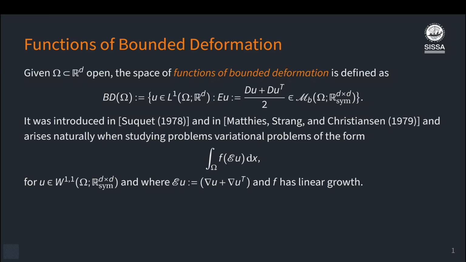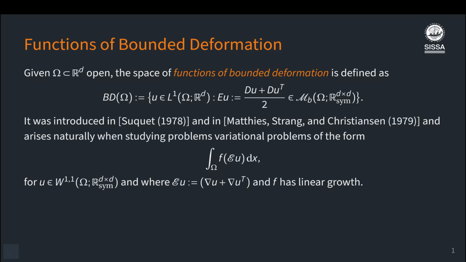When one looks at sequences u_n which have bounded energy, such that the supremum over n of the integral of F of calligraphic E of u_n is bounded, then we may extract a subsequence which is convergent, if one has Dirichlet boundary conditions or the control of, for instance, also the L1 norm. But the limit is not going to be in W^{1,1}, it's going to be in BD.